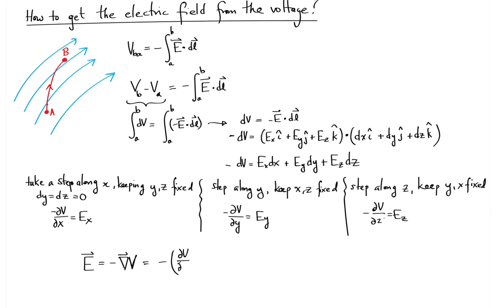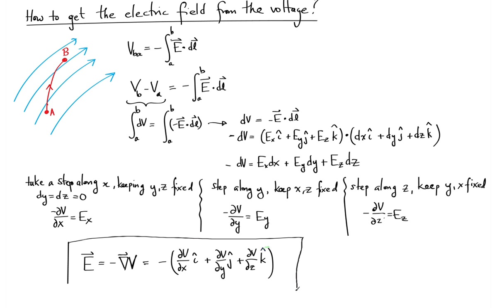Minus partial V partial x, that's E sub x, i hat. I'm just plugging in the definition of E sub x into here, E sub y into there, and E sub z into here, with a k hat there.